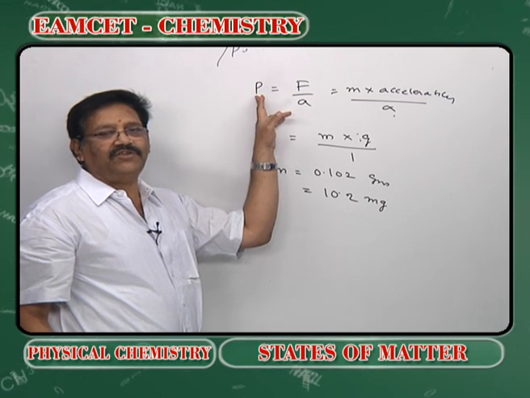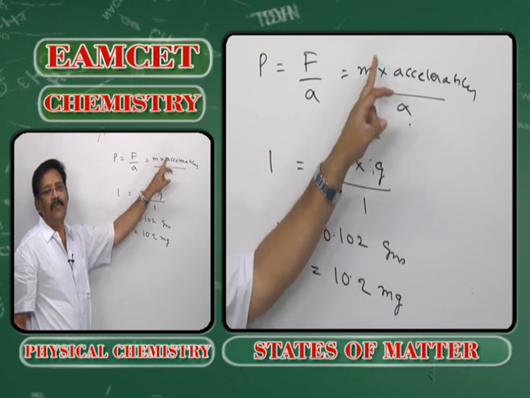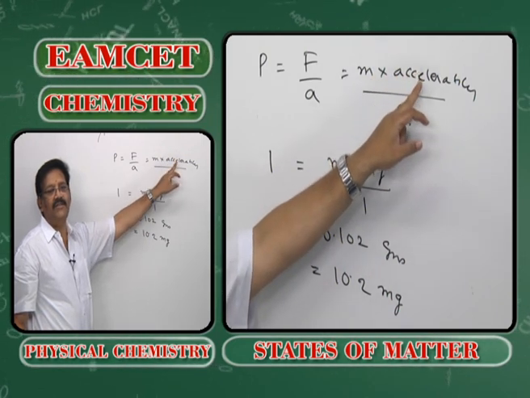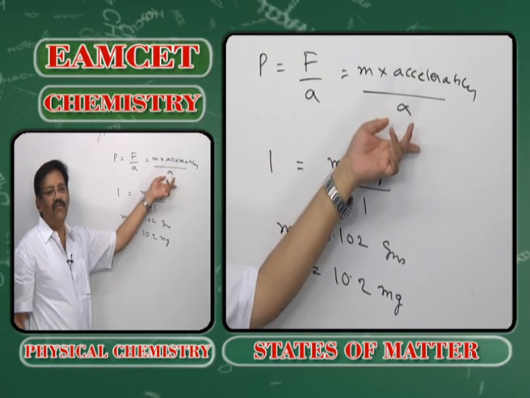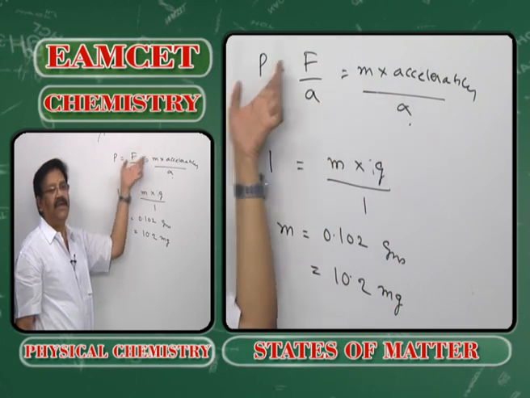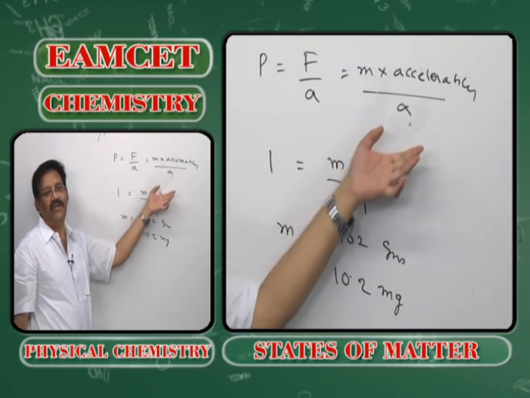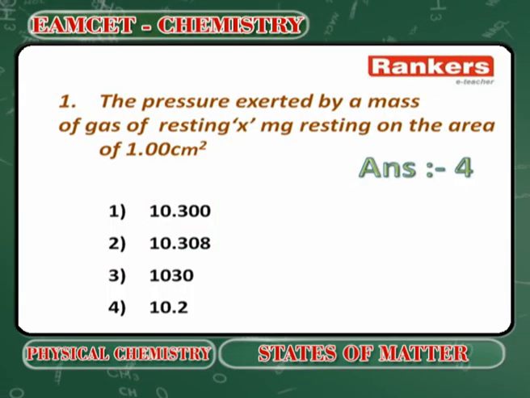By definition of pressure, it is force per unit area. Force is the product of mass and acceleration due to gravity, and area is given as 1 square centimeter. Then the mass will be pressure times area by acceleration due to gravity. On simplification, we get the x value as 10.2 mg.